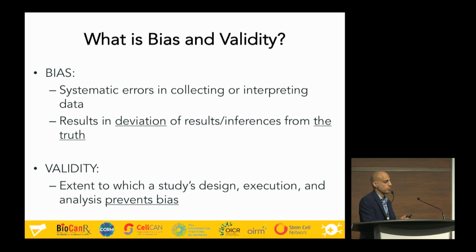So the corollary to bias is validity. And this is the extent to which a study's design, a study's execution, and its analysis actually prevents bias from creeping in. So if you address validities within the studies that you're doing at the bench, you may help prevent or reduce the risk of bias in your studies.